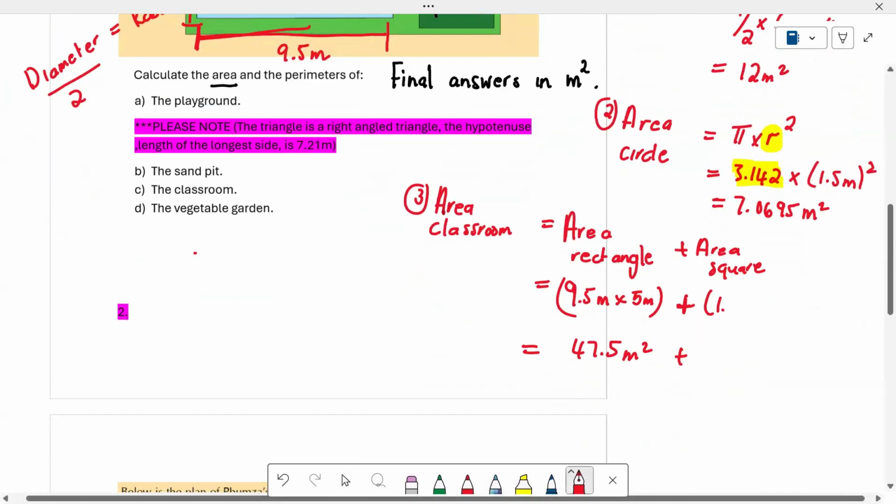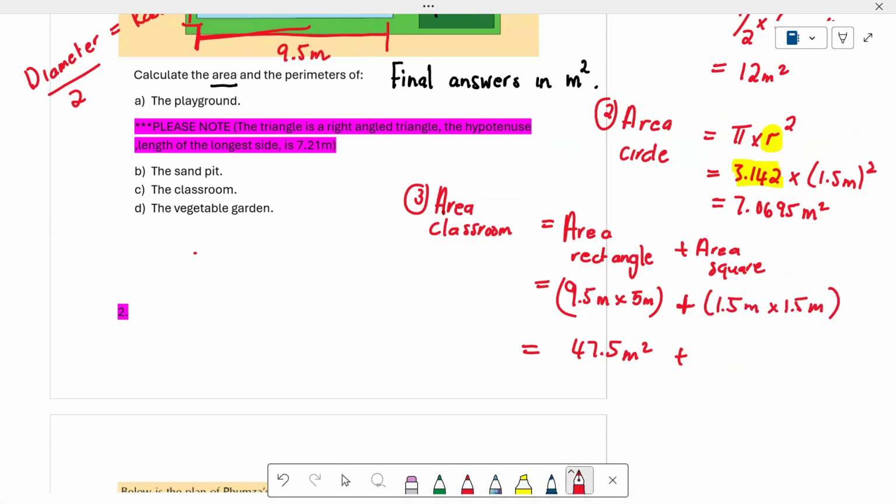Good. 1,5 meters times 1,5 meters. Answer? 2,25 meters squared. Please double check your answers, guys. Final answer? 49,75 meters squared. Well done.